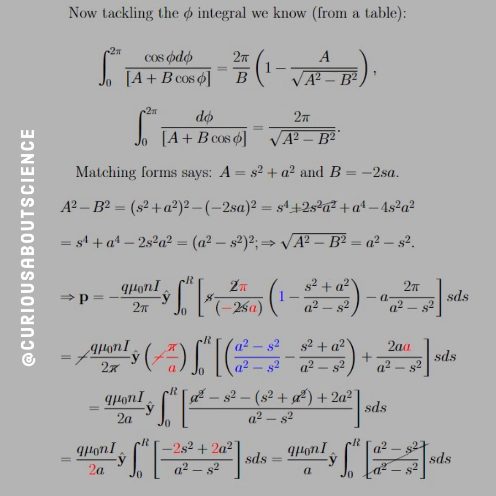Matching forms, a is equal to s squared plus A squared, and b is equal to negative 2As. So we plug them in accordingly, and a squared minus b squared funnels through, so we're able to take the square root after squaring everything, canceling, recompacting, and finding a new square form.